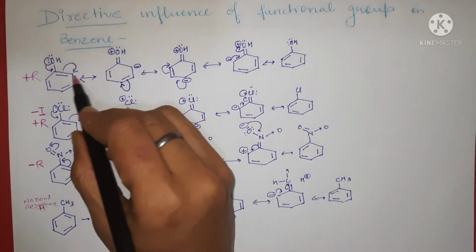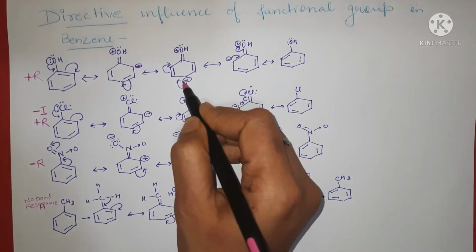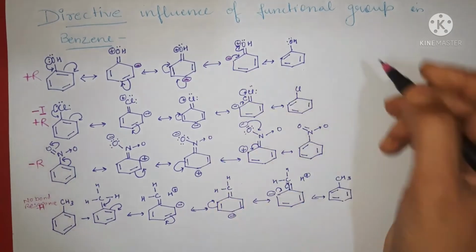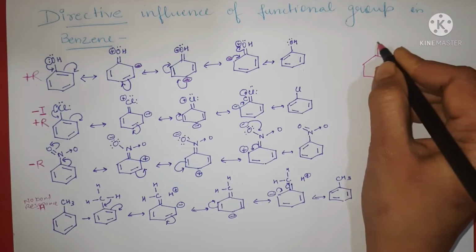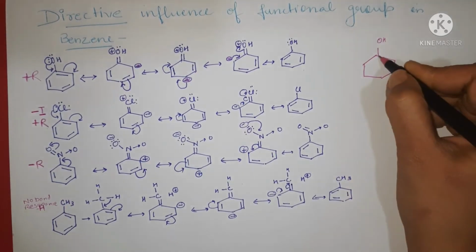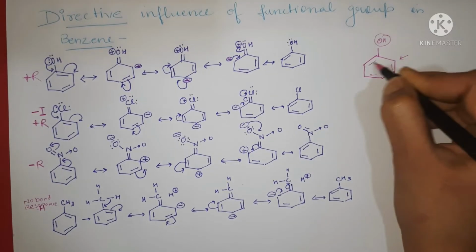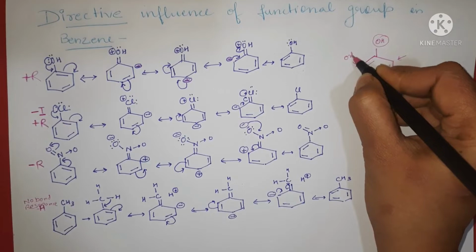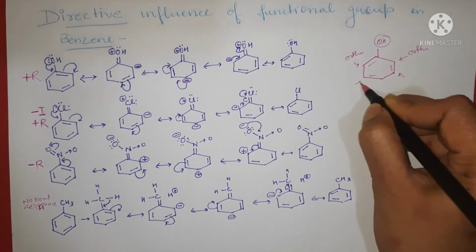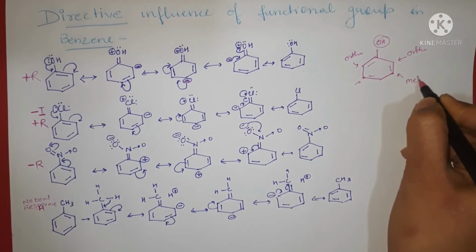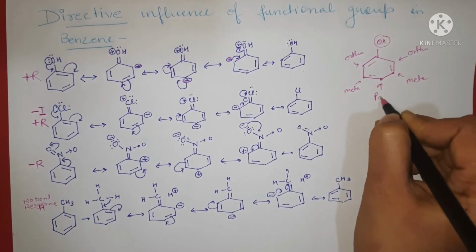So here you can see that due to this plus R effect, the ring is having minus or you can say electron density on its ortho and para position. As you know, if any group is attached here, let's say OH is attached, in respect to this functional group, this position and this position we call it as ortho, this position and this position is meta, and this one is para.